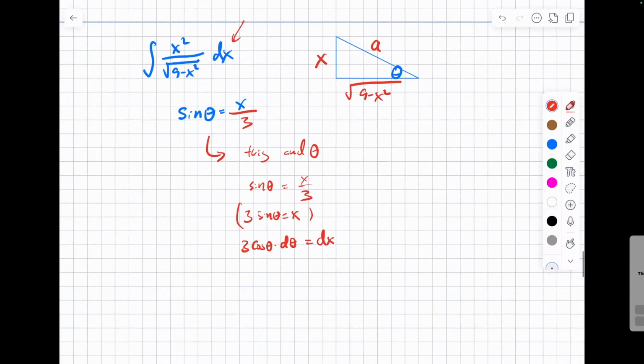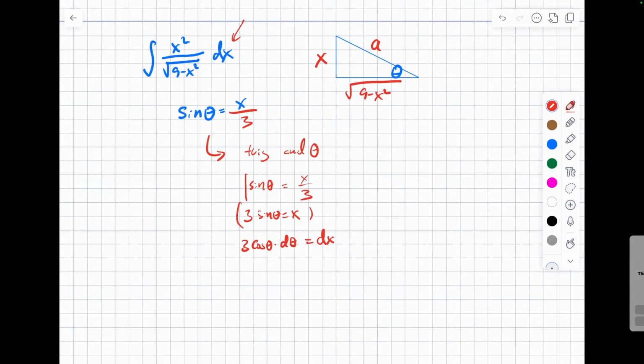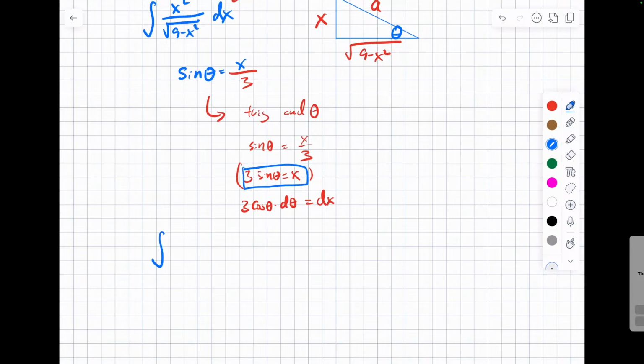So now remember, this is sine theta, right? This is also true, right? x equal to 3 sine theta. Can I replace all the x and dx? So I'm going to focus on replacing the x and dx. So x is going to be 3 sine theta, then the square root of 9 minus 3 sine theta, squared, and then square again.